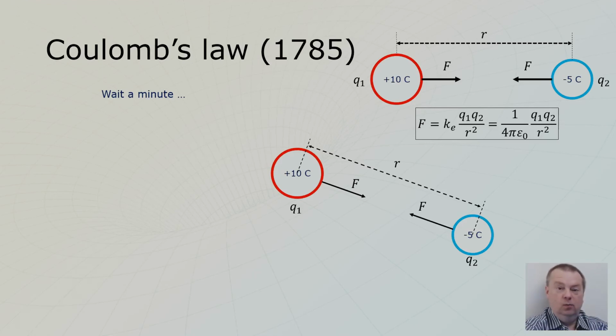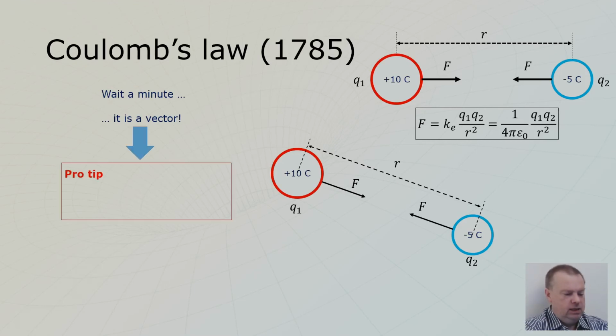So wait a minute. It's a vector. Yes, the force is a vector. And if you look at the formula, the equation there, it's not a vector. There are no arrows on top of anything, but there should be. So if you want to know more about vectors, you can look at level number 3.